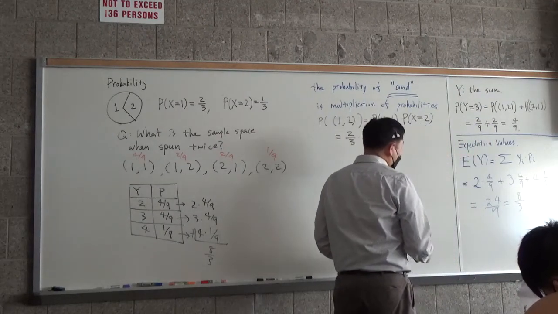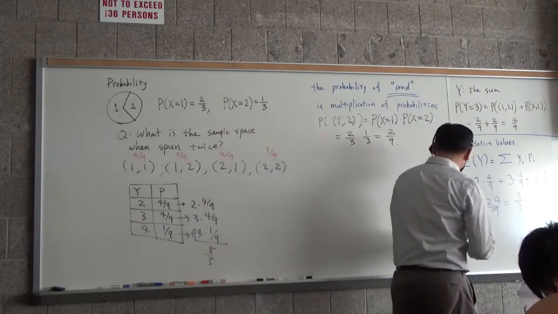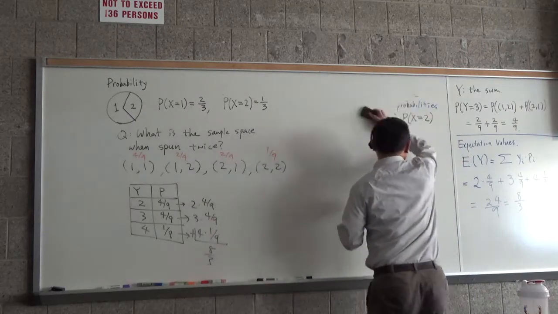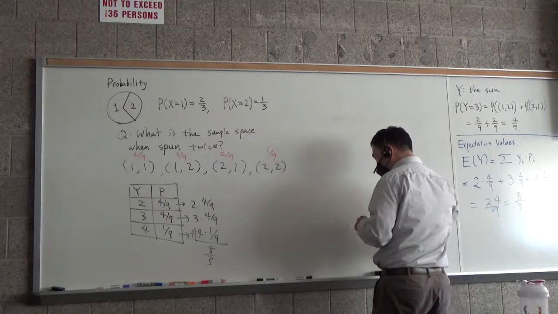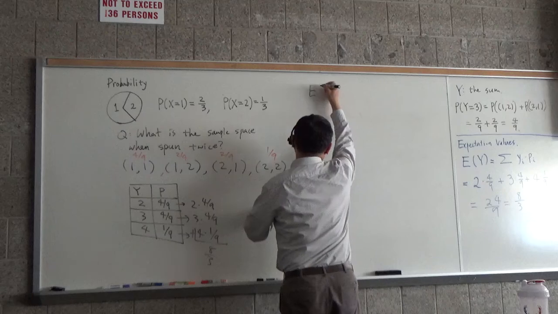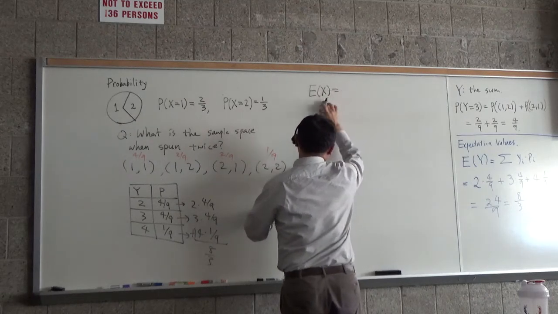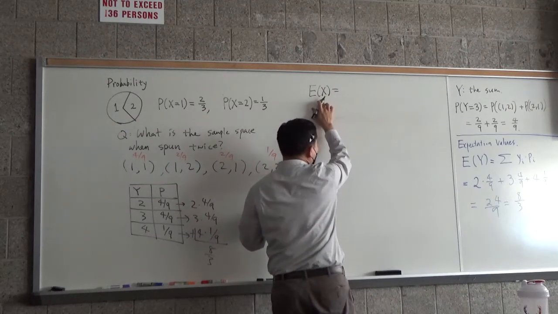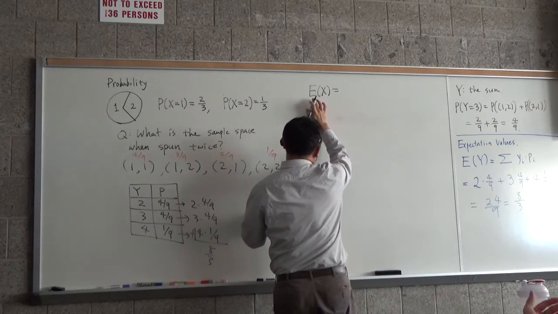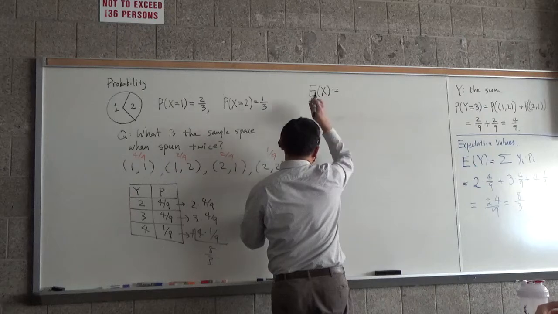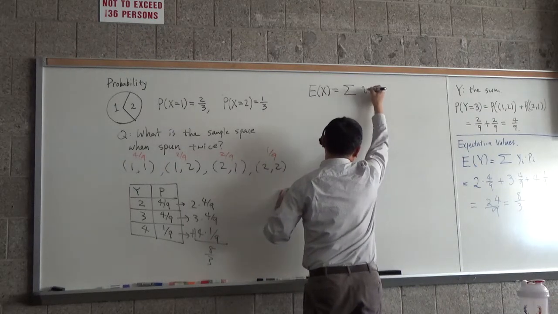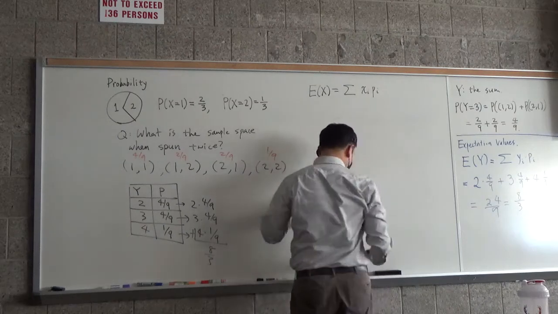Will I be giving you the formula? Yes, but formulas are really not very helpful if written in this way. So the formula for the expectation value of a random variable x is the sum of xi pi.